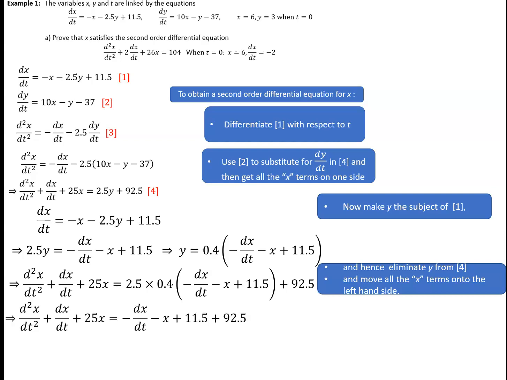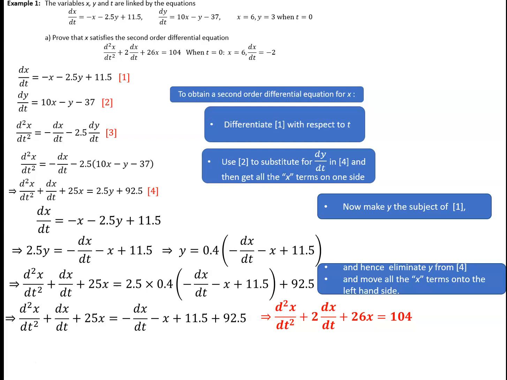So we've got d2x dt squared plus dx by dt plus 25x is equal to minus dx by dt minus x plus 11.5 plus 92.5. Bringing all of the x terms over to the left-hand side, we've got d2x dt squared plus 2 times dx by dt plus 26x equals 104. So we've obtained the differential equation that we were being asked to obtain.